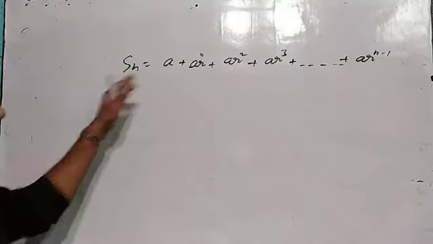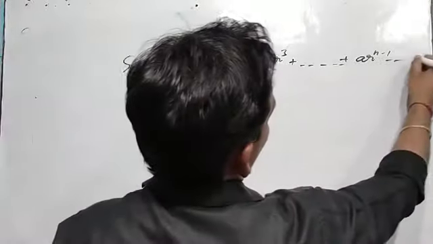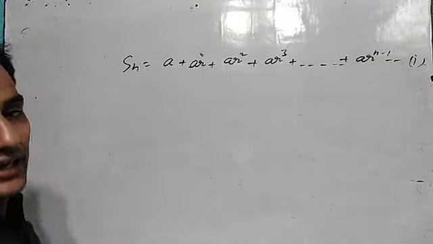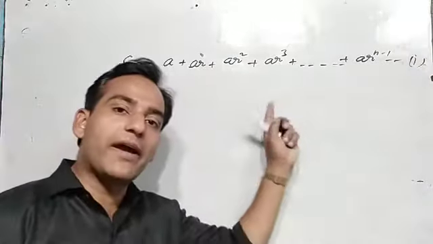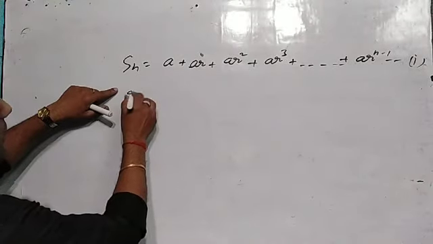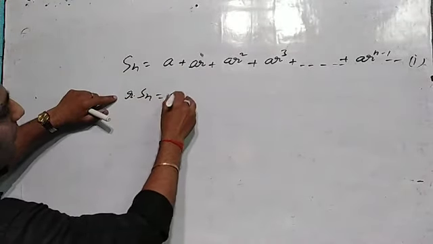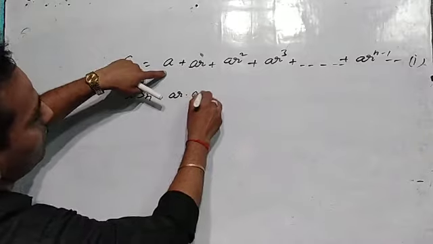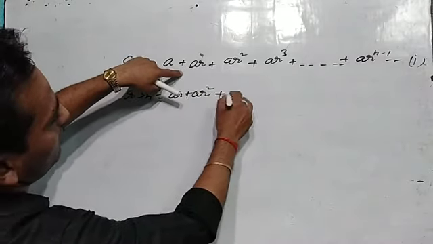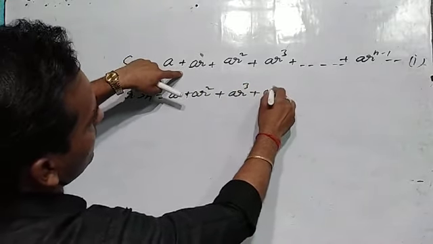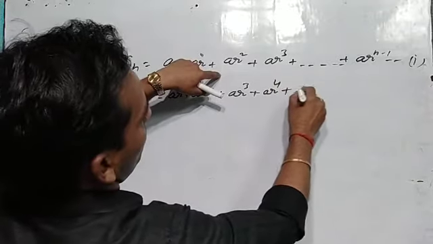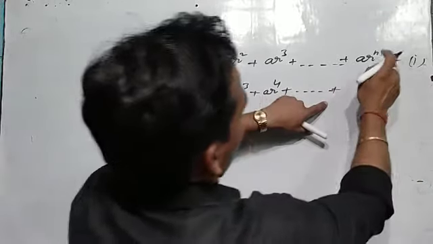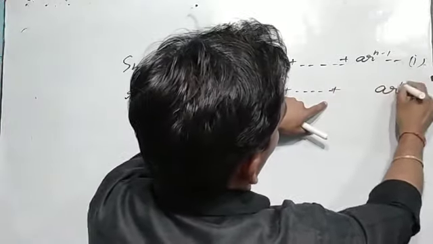Okay. Let this be equation number 1, and if we multiply equation number 1 by r, then r into Sn will be ar, ar square, ar power 3, ar power 4, and just like this up to ar power n.